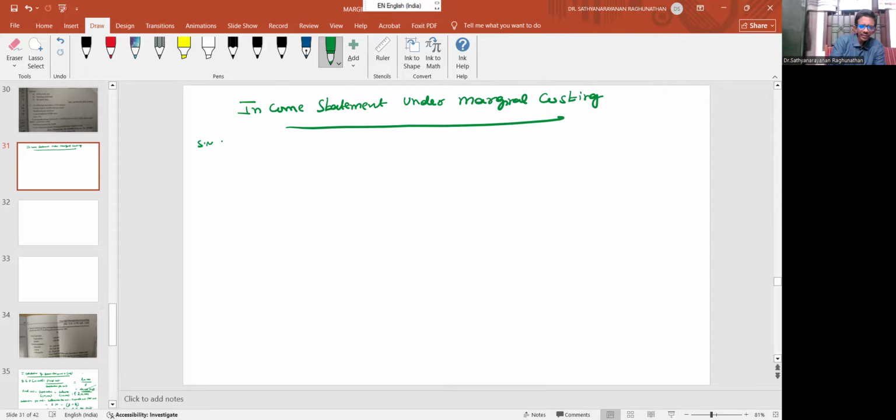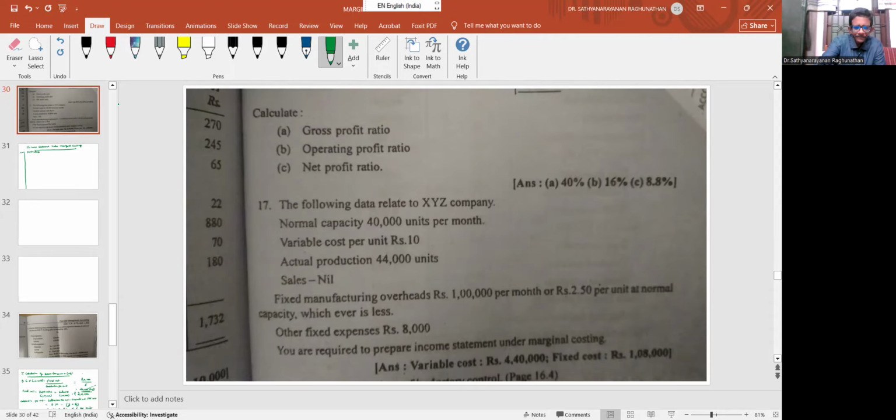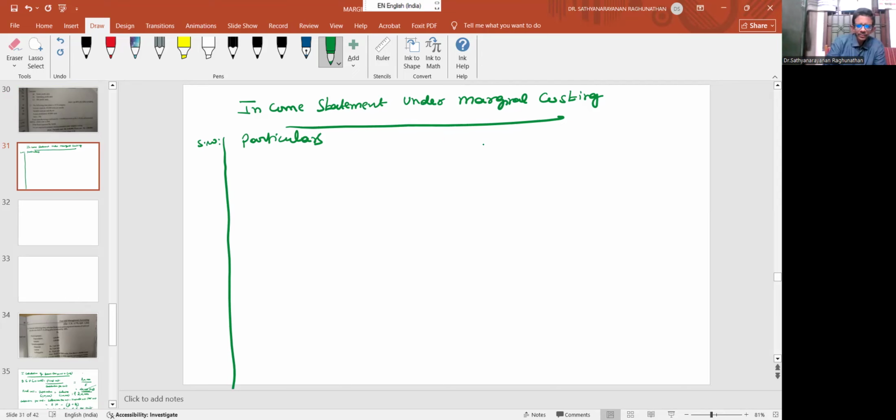Serial number, particulars, amount, rupees.